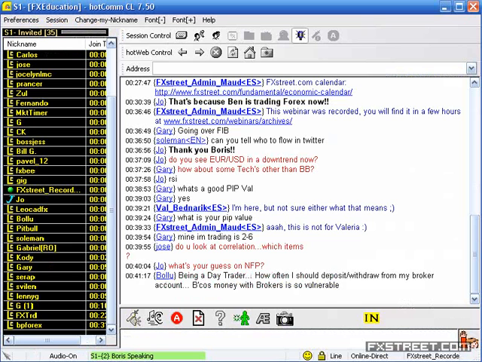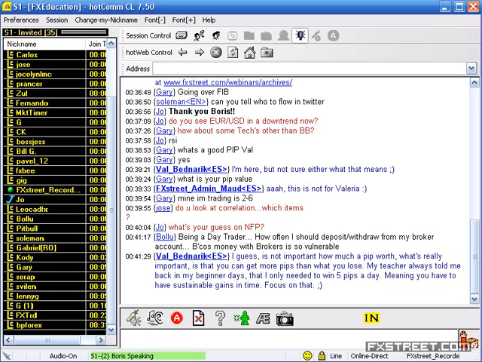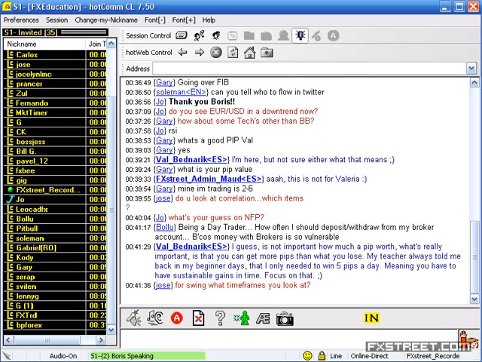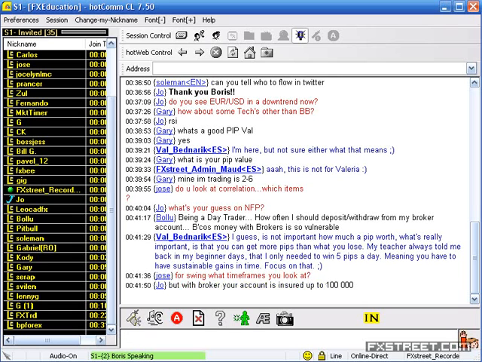Bulu's asking, how often should you deposit or withdraw from my broker account? I don't know. It depends on how much you have in your broker account. I don't really withdraw my money that frequently, maybe once a quarter, once every half a year. The key idea is not to have too much money in one place. And obviously, I think if you're dealing with a reputable, regulated broker, the money should be relatively safe.